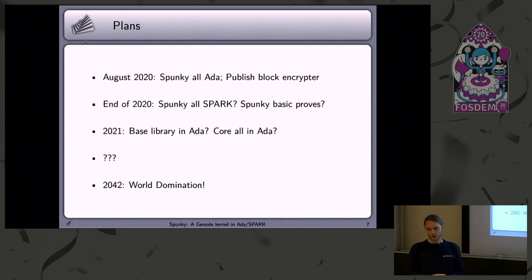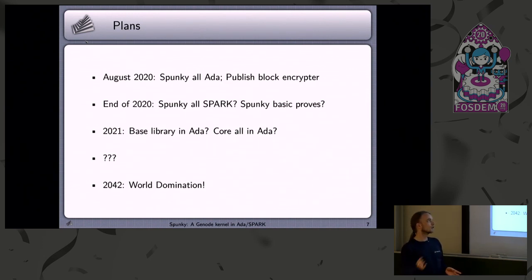Yeah, and in 2021, I'm looking for new land. I'm very deliberate about porting the base lib of Genode, so to say, the native Genode environment, so you can have pure Ada components in Genode.